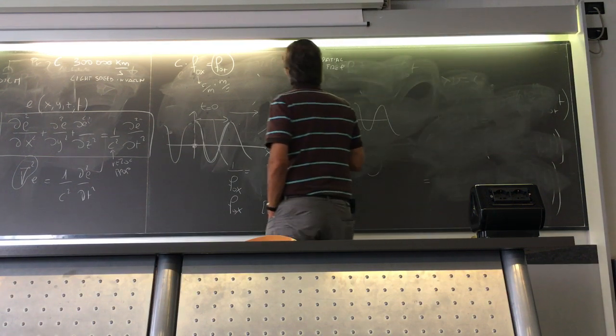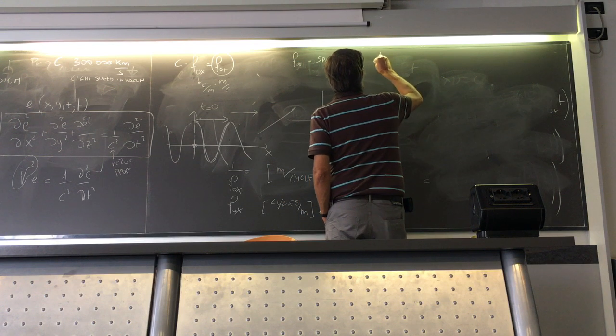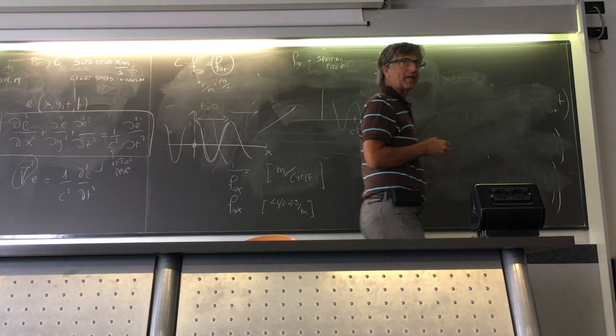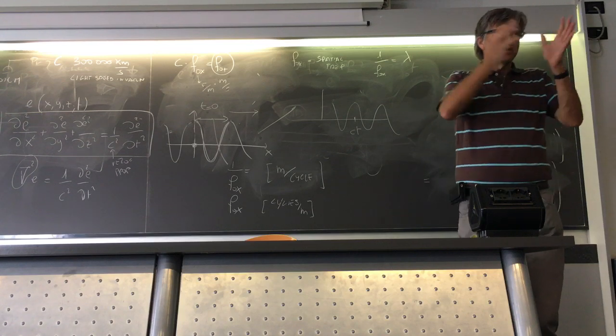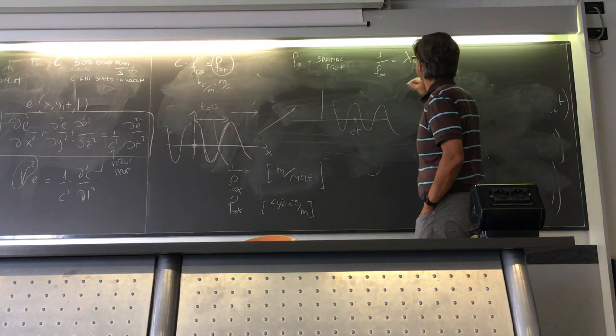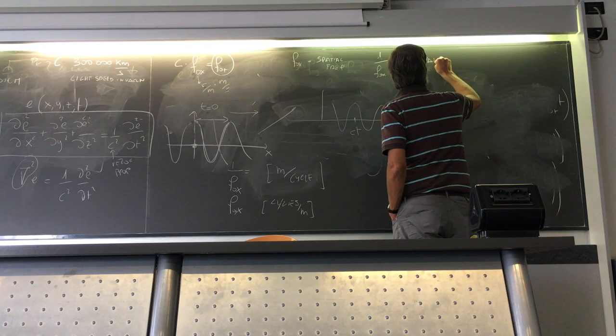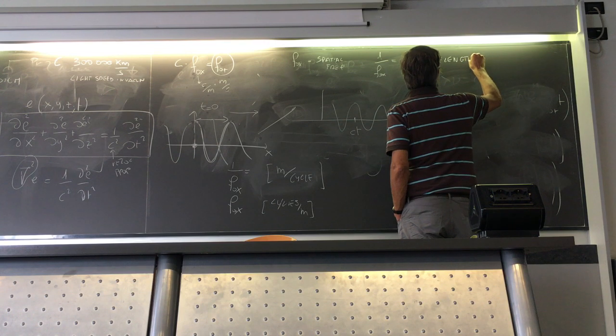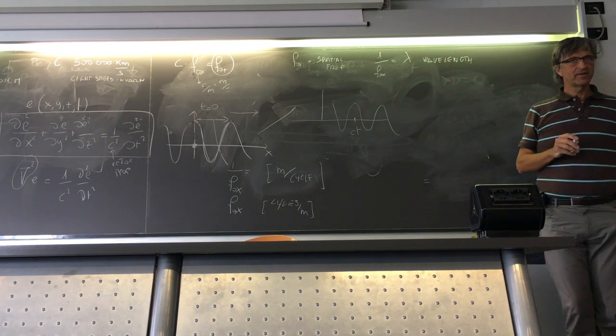Okay? Then there is another definition that is the inverse of the f0x, that is lambda. Lambda is the length of a cycle. It's called wavelength. Okay?